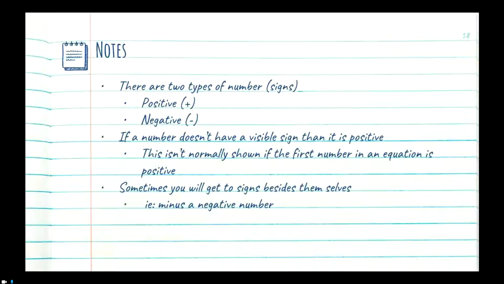When we speak about numbers, we're speaking about them in the positive. Negative numbers, we have to explicitly say are negative. So when we look at an equation and there's no sign associated with a number, we can automatically assume the number is positive.